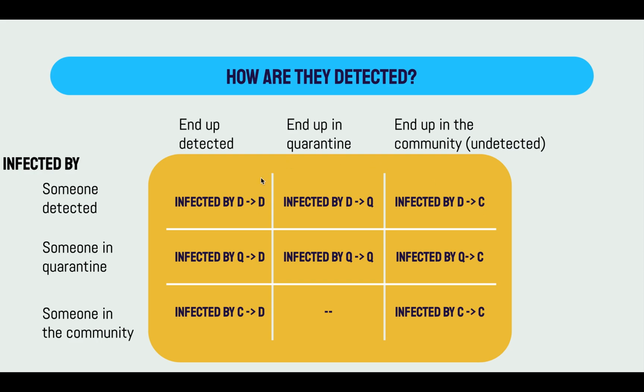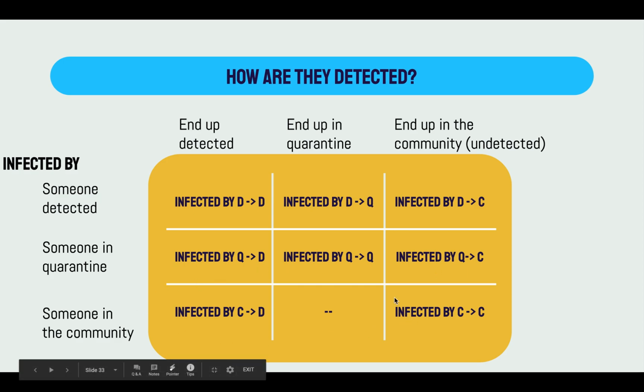And so you can imagine that you are going to apply different probabilities to each of these compartments to be able to determine where someone's going to land in terms of detection. And the same on the next row here, these are all going to be someone infected by someone in quarantine. So someone infected by someone in quarantine that ends up detected, someone infected by someone in quarantine that ends up in quarantine, someone infected by someone in quarantine that ends up in the community.